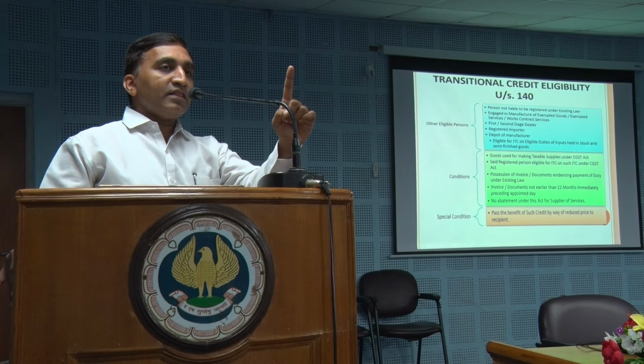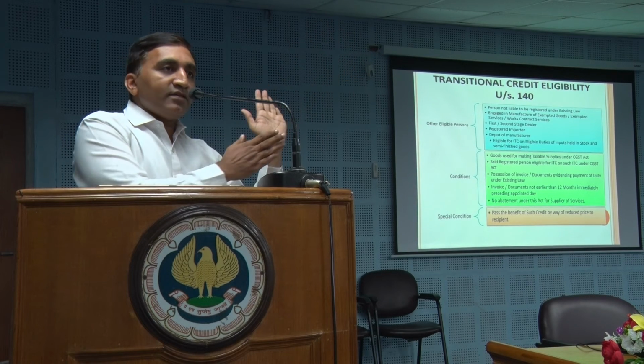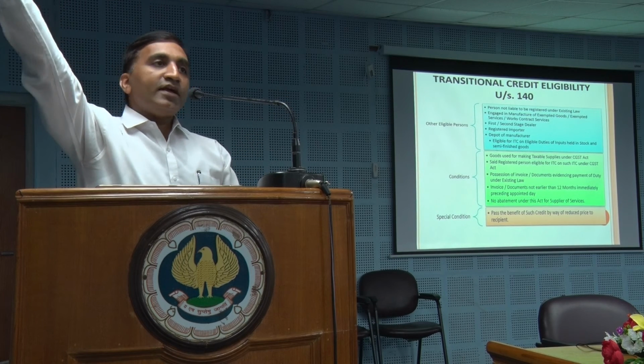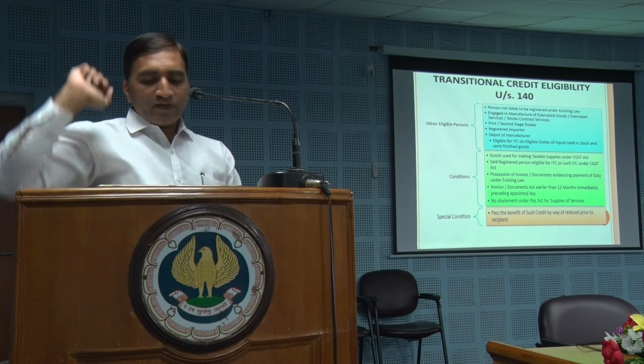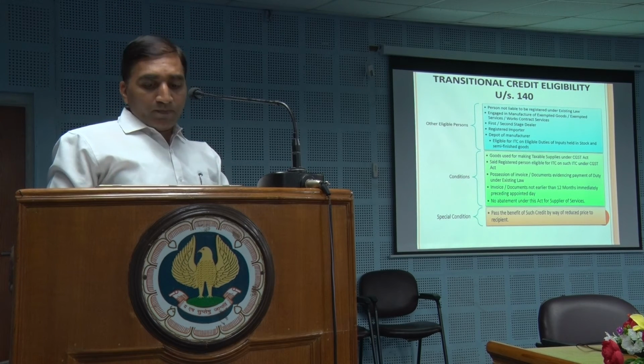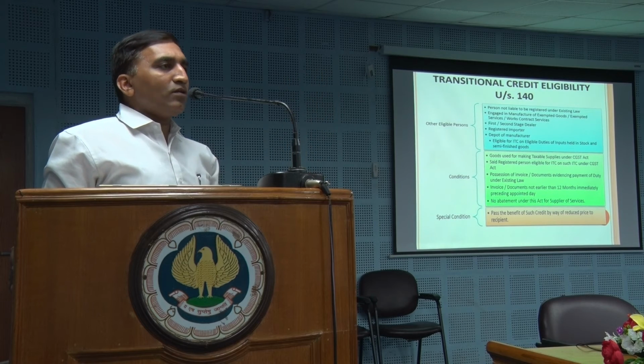First stage dealer, he will get an excise invoice. Importer, he will get a customs invoice. Or depot of manufacturer, again he will have a central excise input, except in the exempted goods.